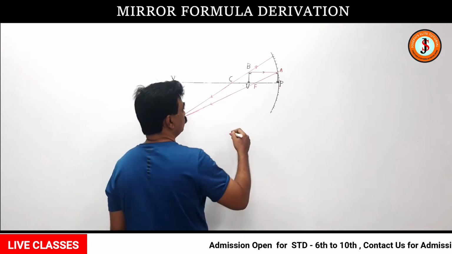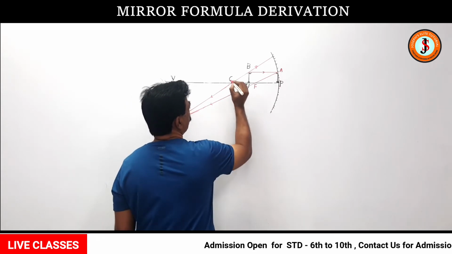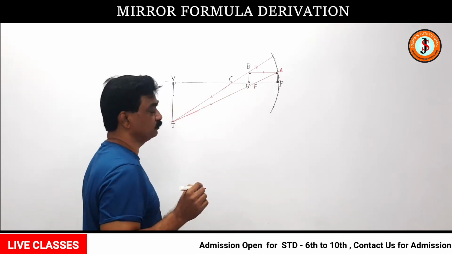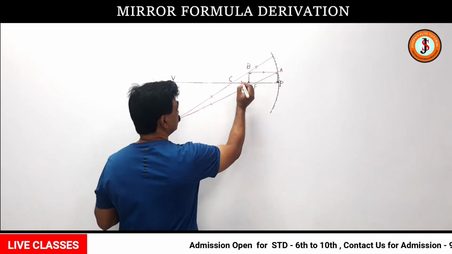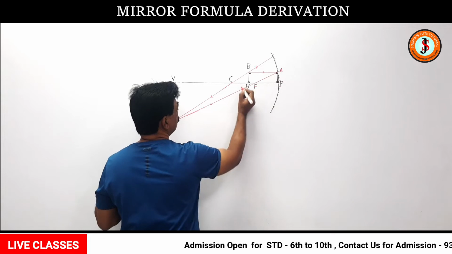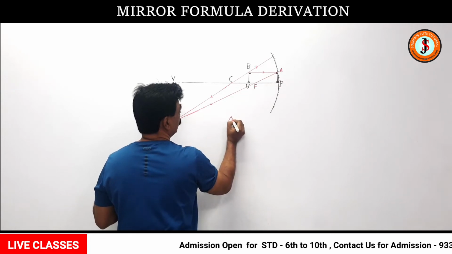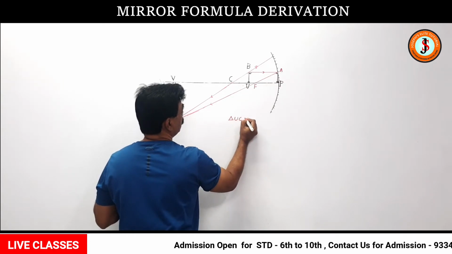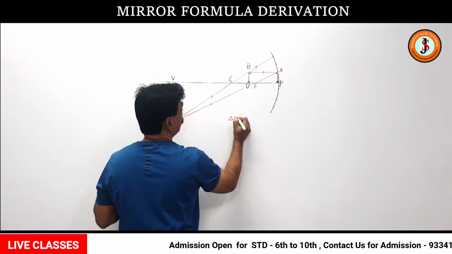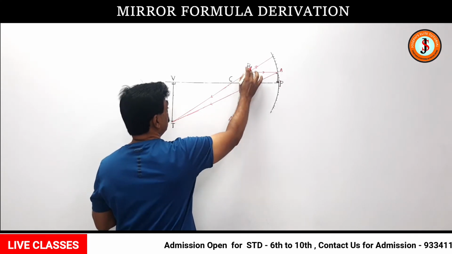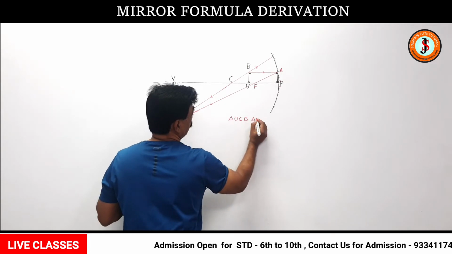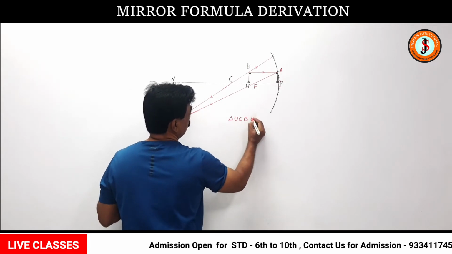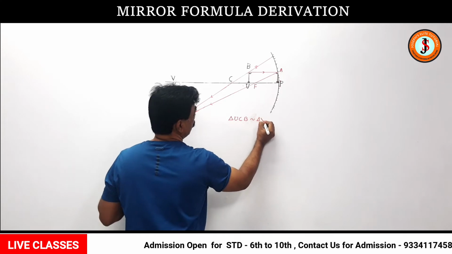Here we see two triangles which we have to make similar. What are those triangles? Triangle UCB by geometry is similar to triangle VCT.